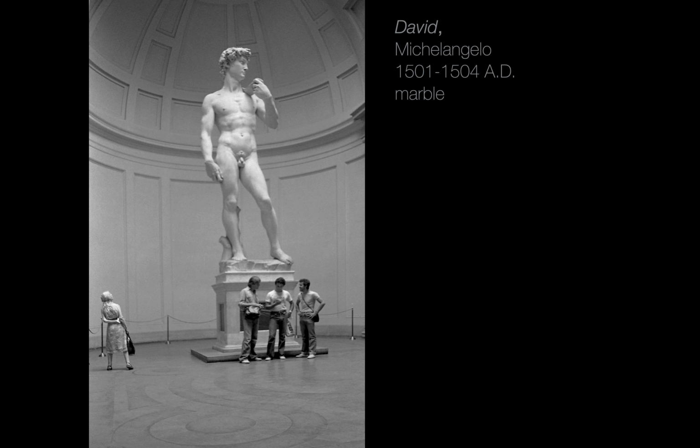You start off with this niche at the end of a very long hallway, and so the entire viewing angle just draws you in. And what this does is this creates a space that is proportional to the massive colossal sculpture of David, which was sculpted by Michelangelo.